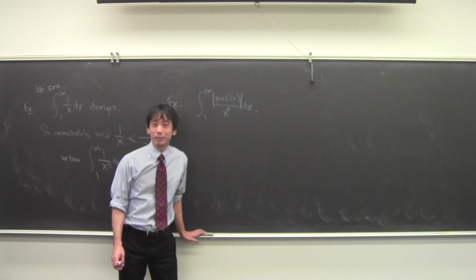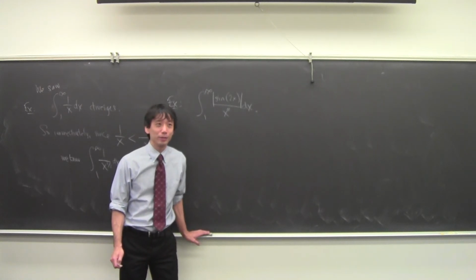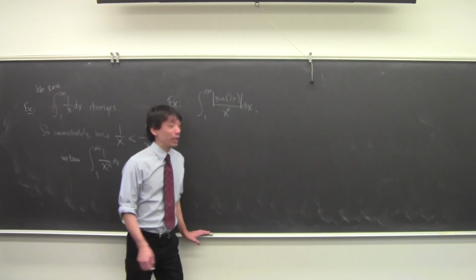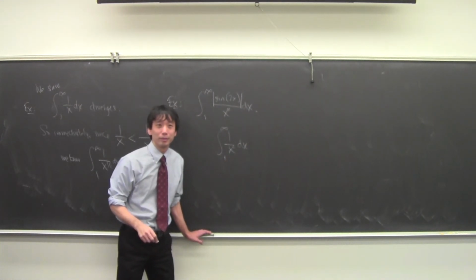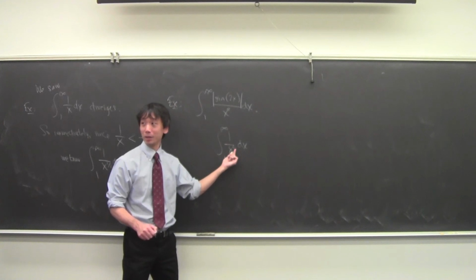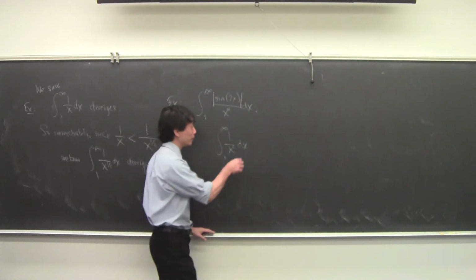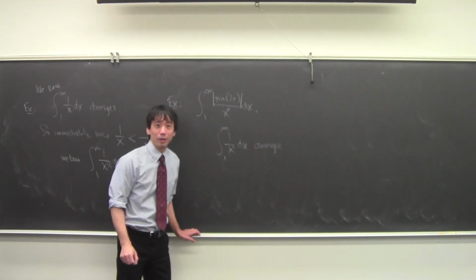Is it going to converge? Is it going to diverge? Can you compare it against something that diverges, or something that converges? What do you know about the integral of 1 over x squared from 1 to infinity? We just worked it out. Remember, if p is bigger than 1, then we get convergence. So this one we actually know converges.